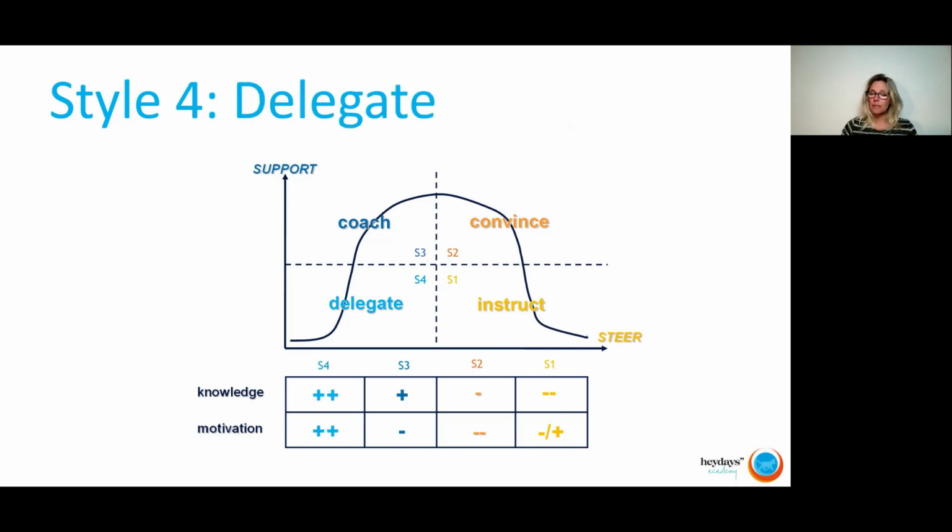Style number 4. If your employee has a lot of knowledge, sometimes even more than you, and is also super motivated, you should delegate. Delegation means that mistakes can and may be made, that the way in which the result is achieved can be freely determined within an agreed framework. So let go and trust your employee.